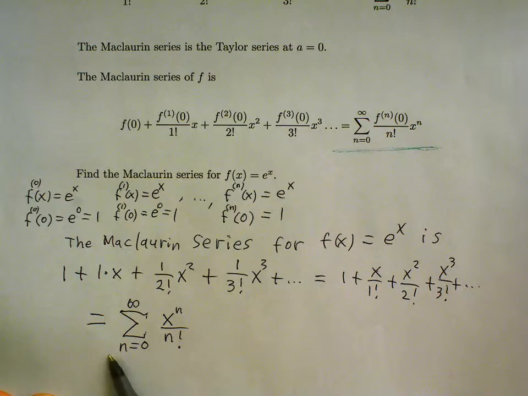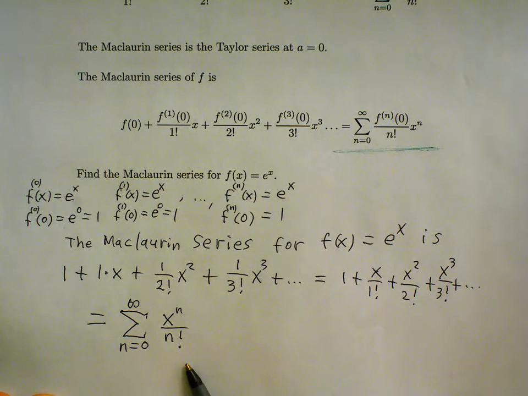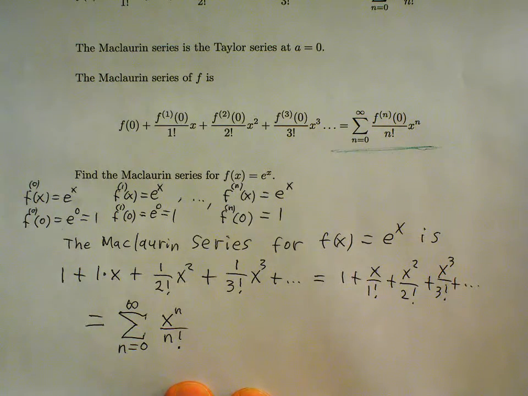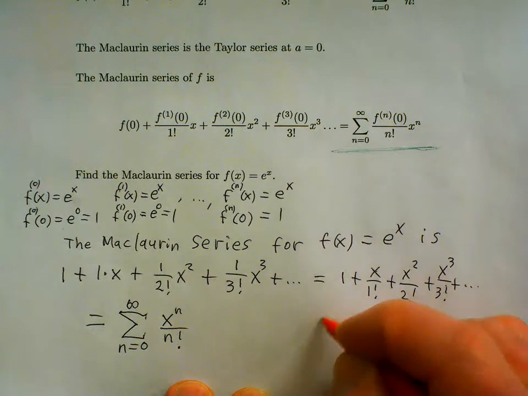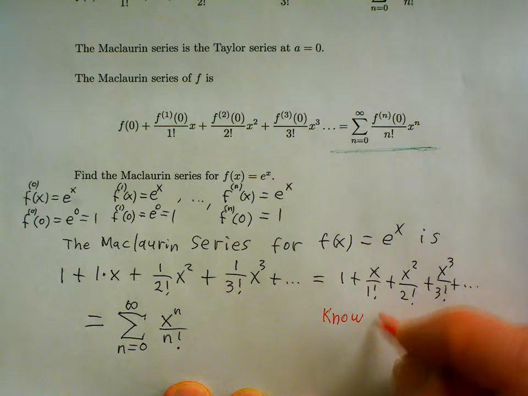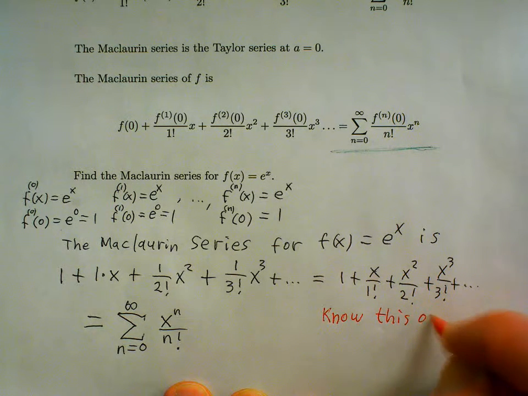But anyway, this is the Maclaurin series for e to the x, or you could also call it the Taylor series at a equals 0. So I'll just make a note, make sure this is one of the Maclaurin series that you'll want to remember. So know this one, or remember it.